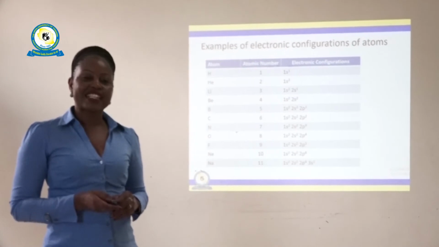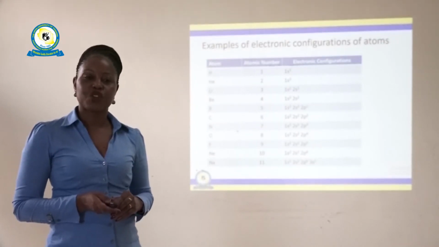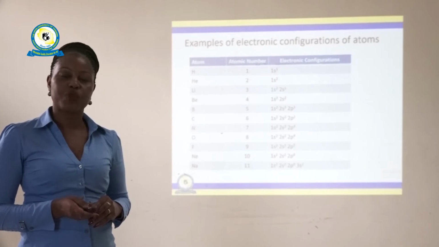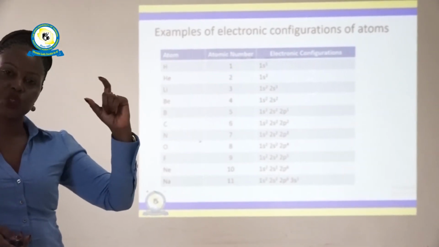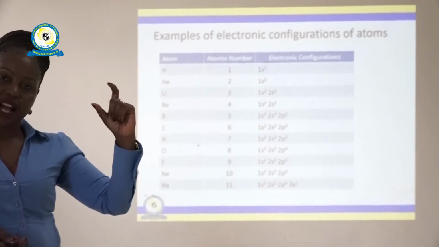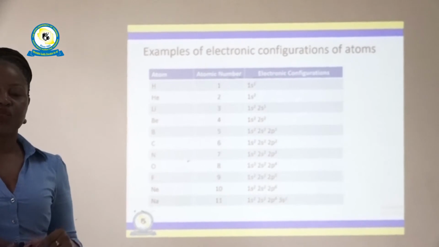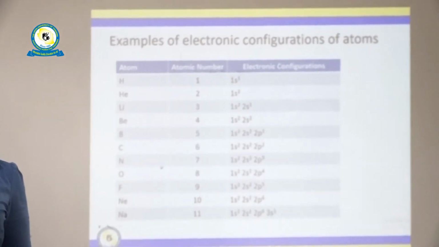Now let us see examples of electron configuration of some of the atoms. For example, we have the hydrogen atom, which has only one atomic number, and that is it has only one electron in the valence shell. And you can see the second one is helium with two electrons.